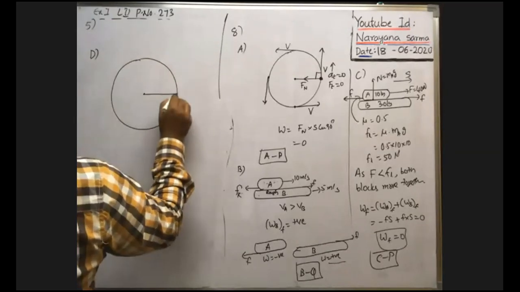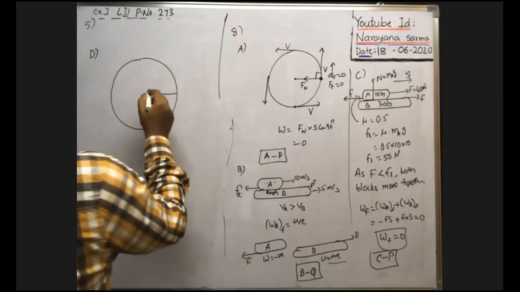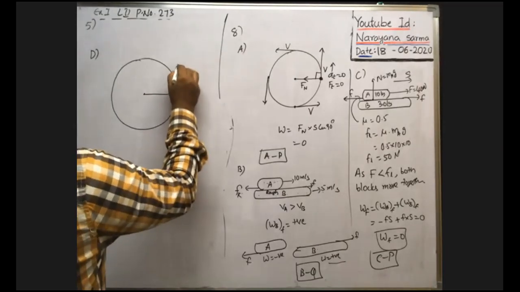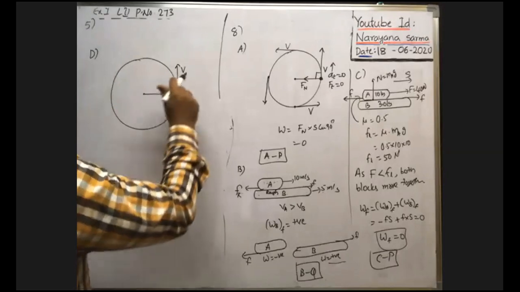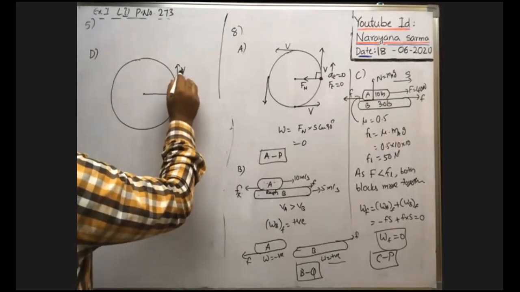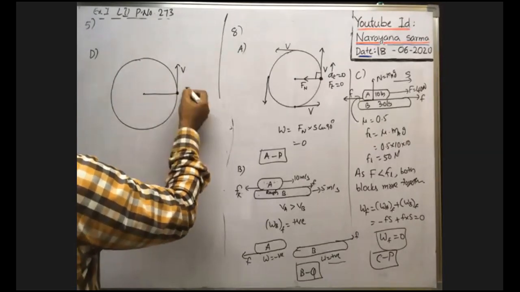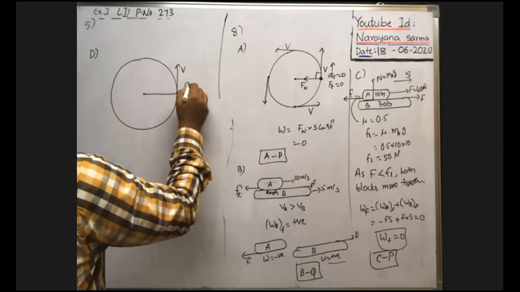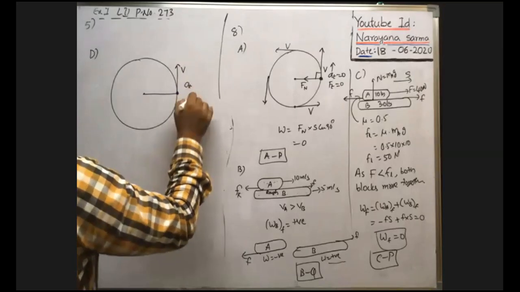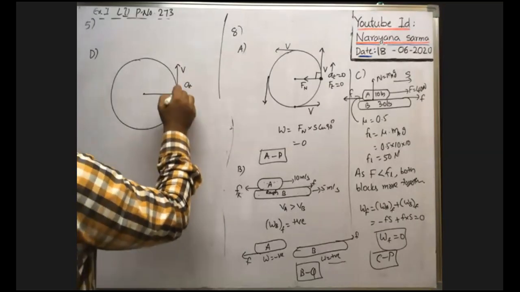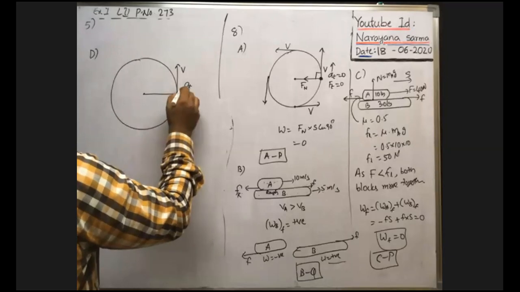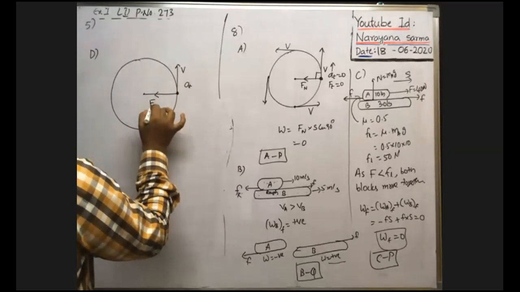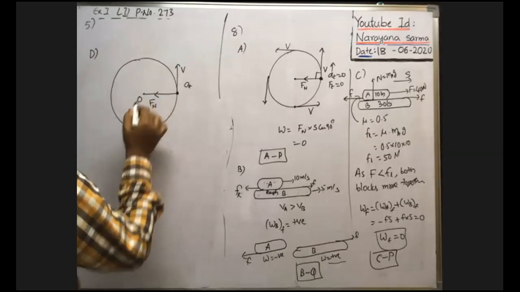In non-uniform circular motion, suppose at a certain instant the body is here, and the velocity is V in this direction. Since this velocity is not constant, the velocity definitely changes. If the velocity goes on increasing, tangential acceleration is in this direction. If the velocity decreases, then tangential acceleration is negative. Along this direction, the normal or centripetal force acts towards the center.